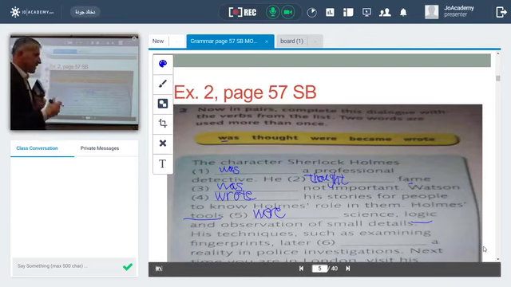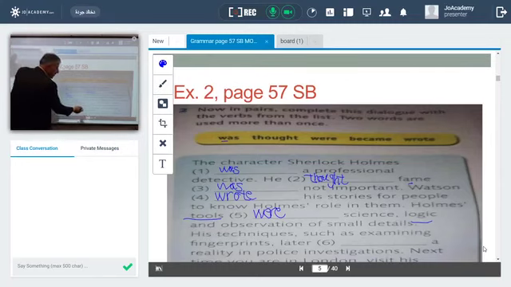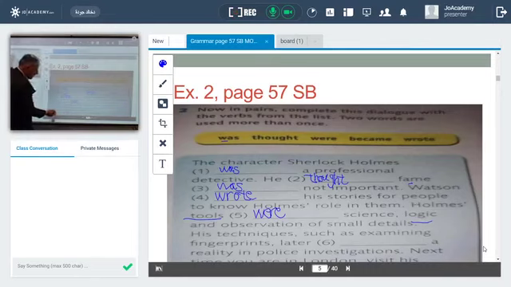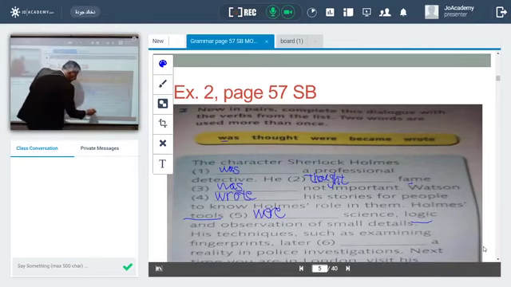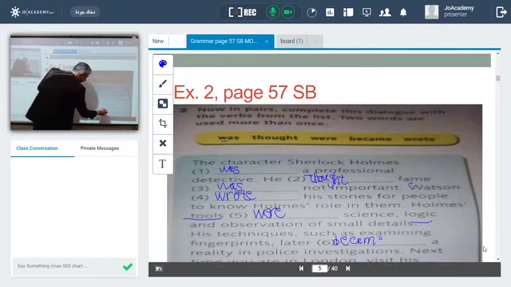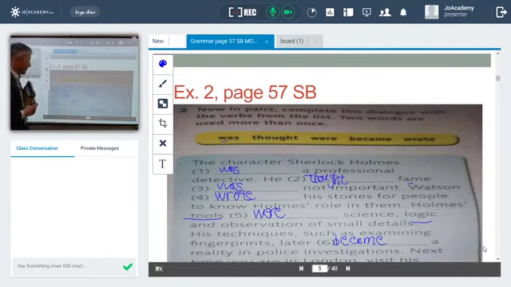Still, we didn't have it like nowadays. We have it for police. So his techniques, such as examining fingerprints, later became a reality in police investigations.